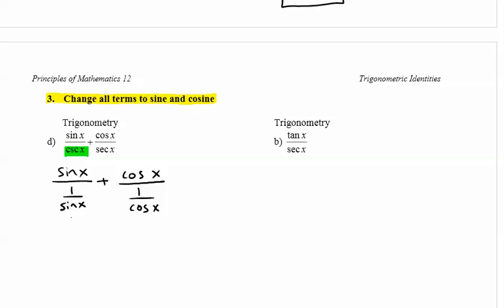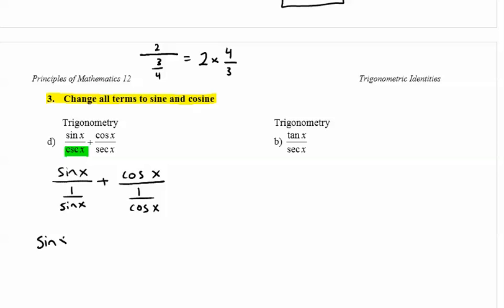Now, in order to divide a complex fraction, if I have something like 2 divided by 3/4, that's the same thing as doing 2 times the reciprocal of the denominator. So when you divide by a fraction, it's the same as multiplying by the reciprocal. So I'll do that here.